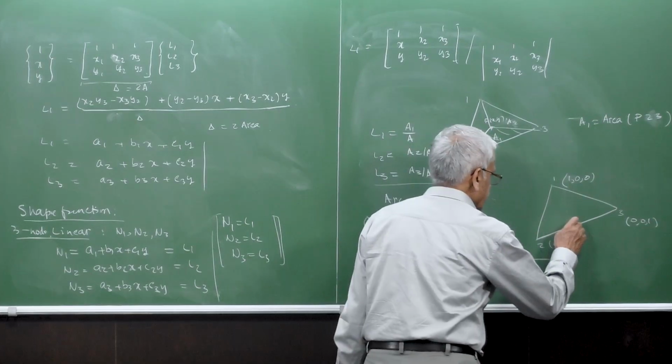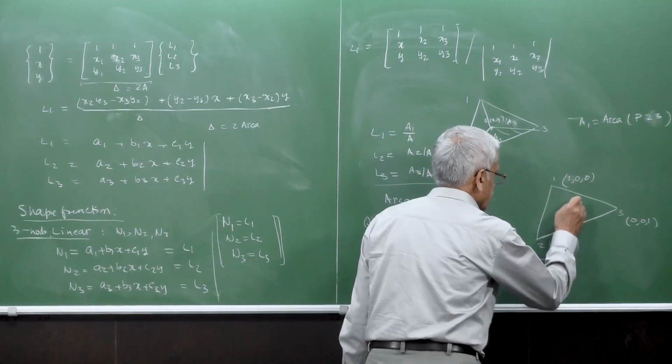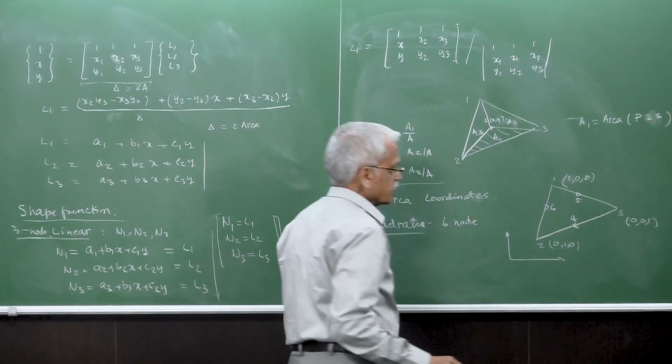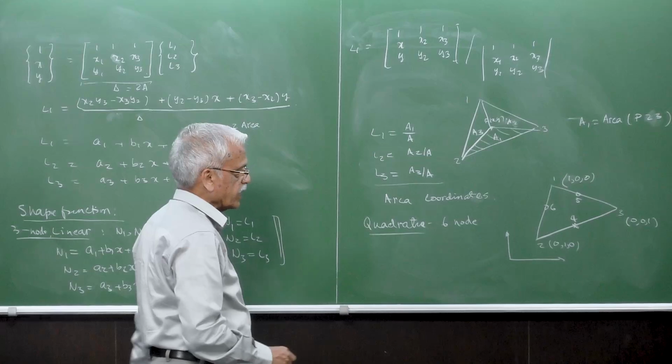For quadratic, we also have more terms, more nodes, 4, 5, 6 at the midside locations.